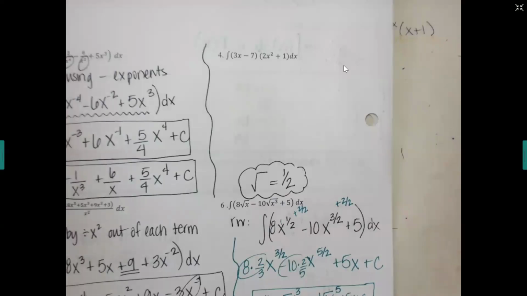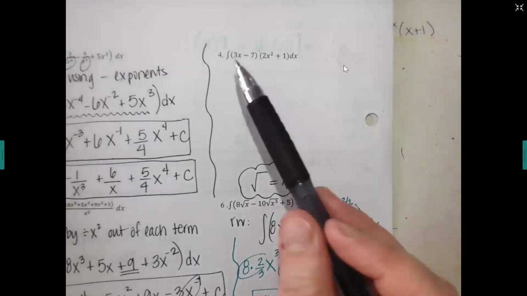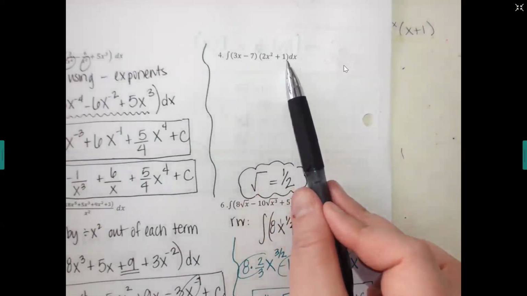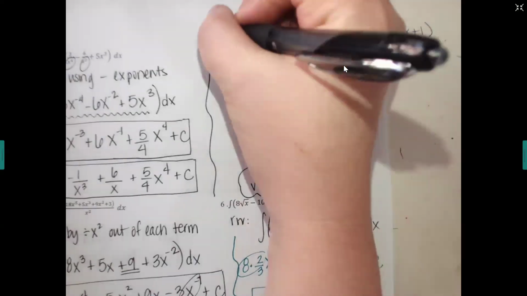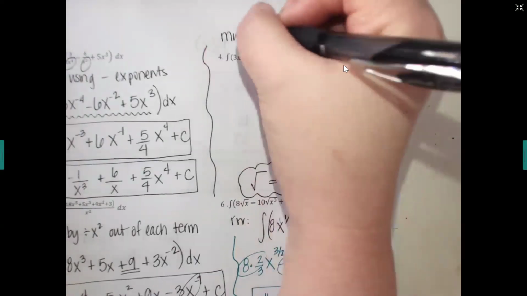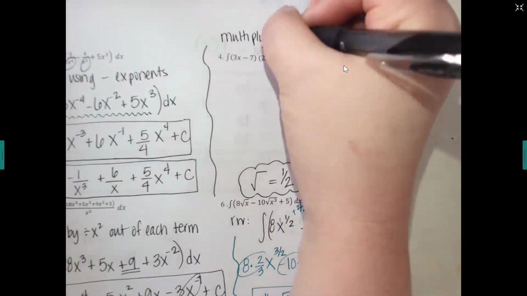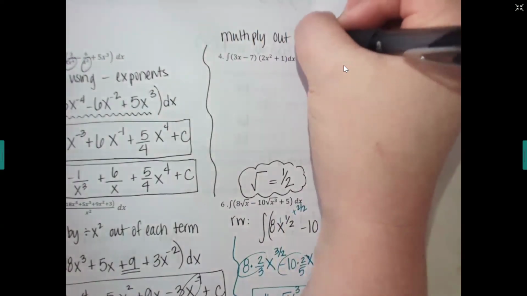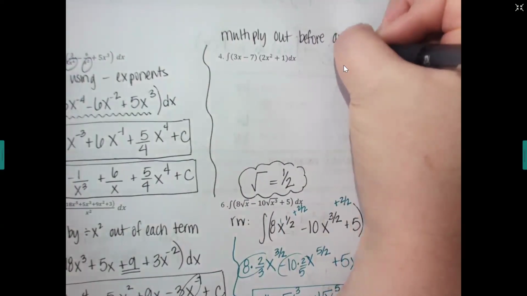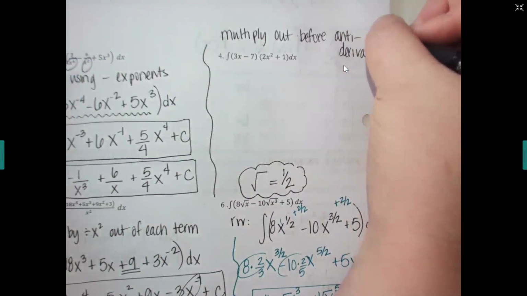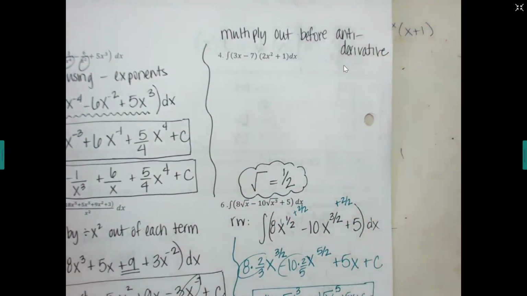So the only way for you to take the antiderivative of this is to make it not a product anymore. So you're going to have to multiply it out before you take the antiderivative. You should know how to do that. You're just going to FOIL it or double distribute it or whatever you want to call it.